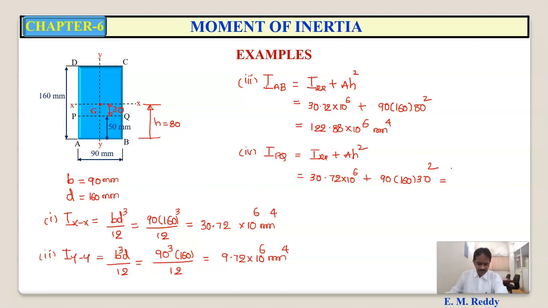That gives you 43.68 into 10 raised to 6 mm raised to 4. So now we have moment of inertia about the centroidal x-axis, centroidal y-axis, about AB, and about PQ. Understood?